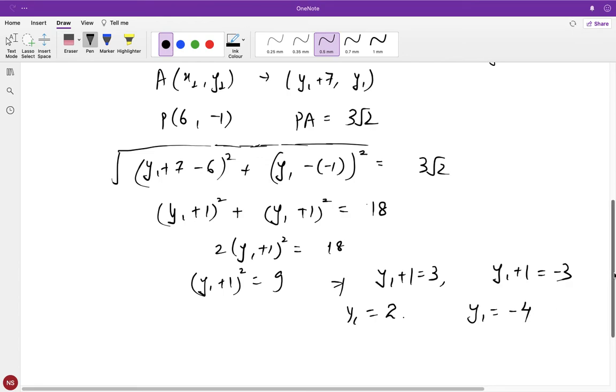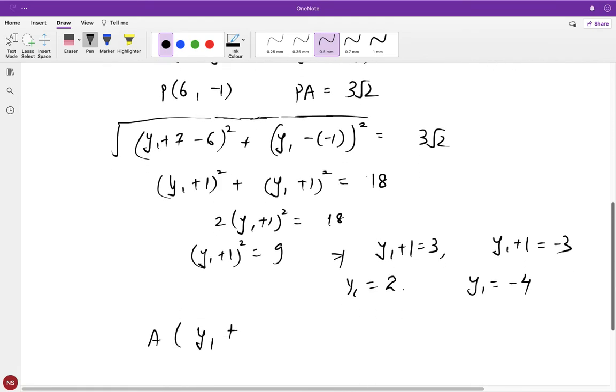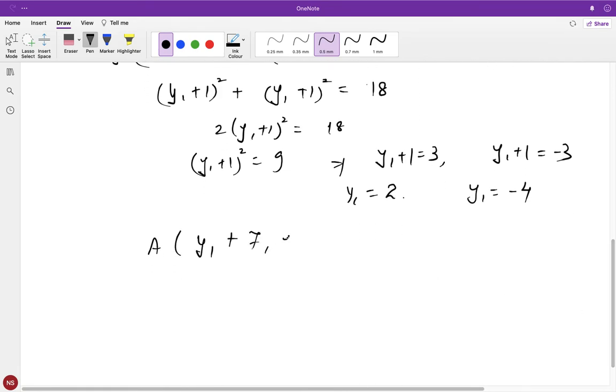Point A was (y1 plus 7, y1). So if y1 is 2, A becomes (9, 2), or if y1 is minus 4, it becomes 7 minus 4 is 3 and minus 4.